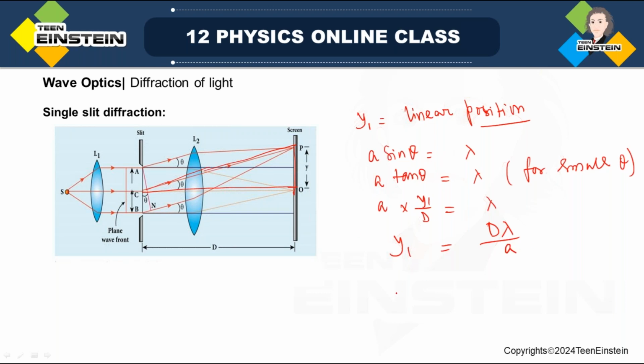So similarly, you can generalize. So yn, the linear position of the nth minimum from the central maxima, this is a linear position.